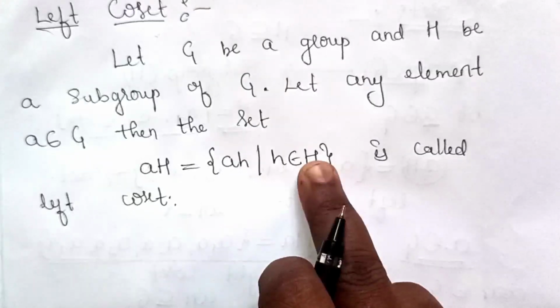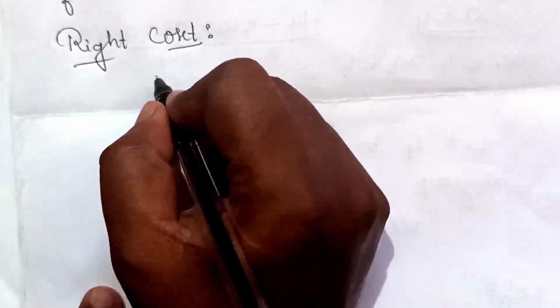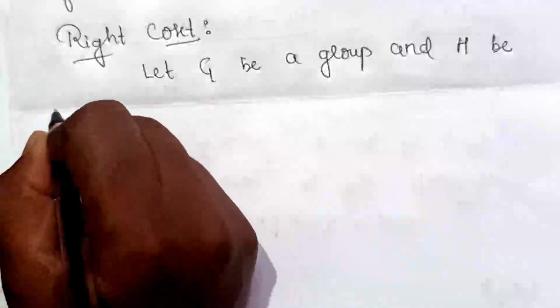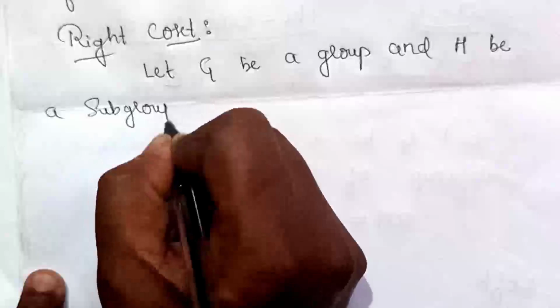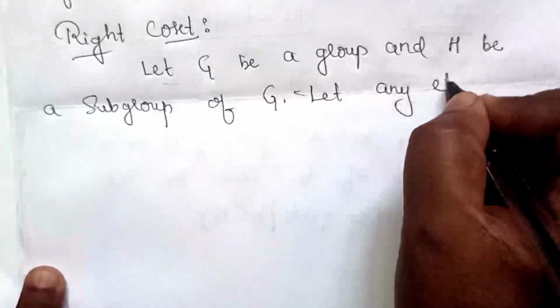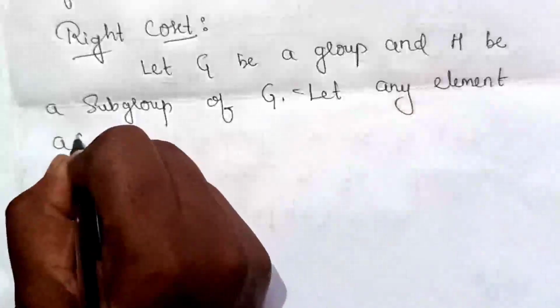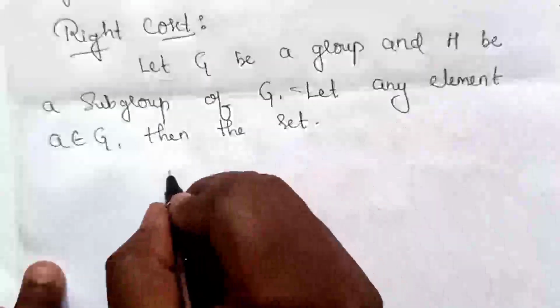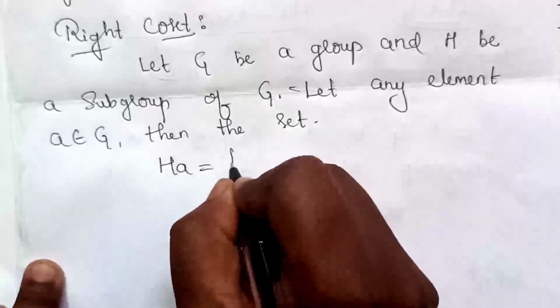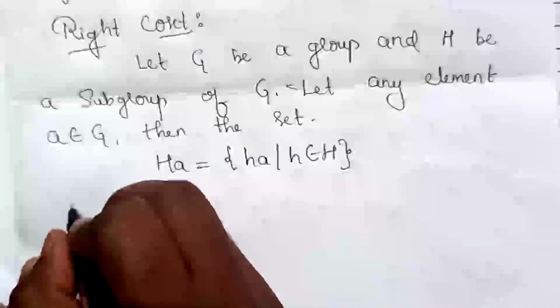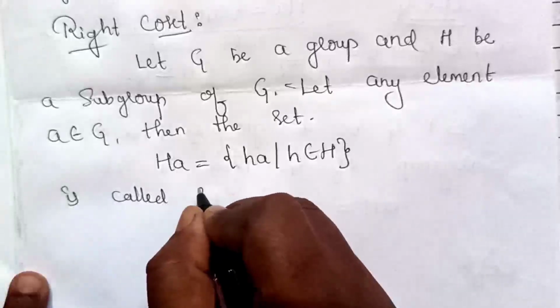So similarly, we can define right coset. Right coset is defined as: let G be a group and H be a subgroup of G, then let any element A belong to G, then the set HA equals {ha such that h belongs to H} is called the right coset.